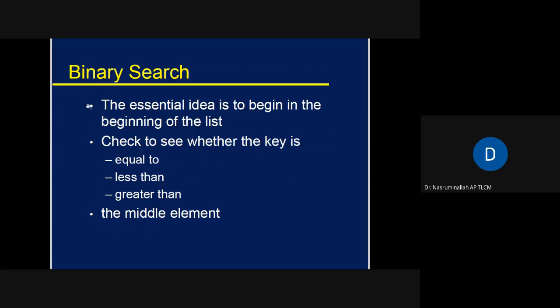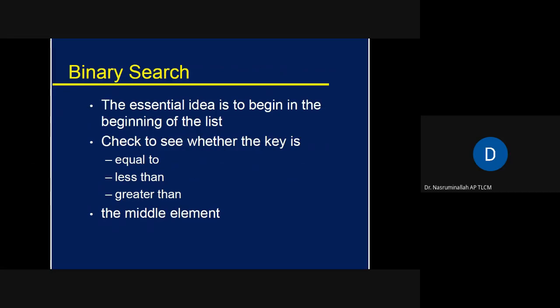Once you have found the middle element, then you compare the key with the middle element. In the linear search, we used to compare it with the first element and then the second and third and so on. In the binary search, we find the middle of the data and then compare the key element with the middle element.